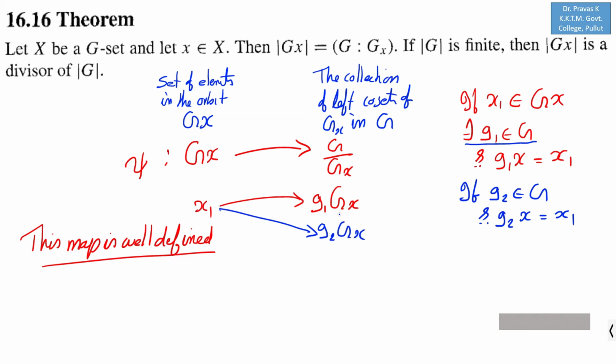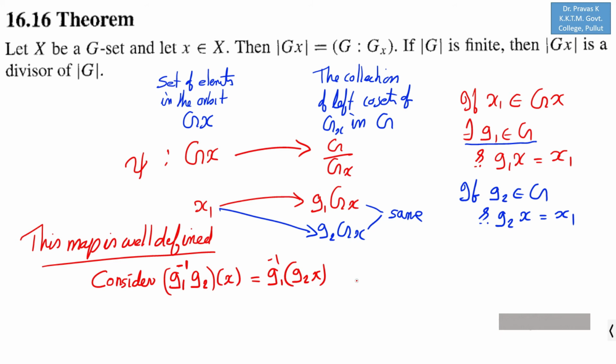So in order to have a well defined map, we need to prove that these two cosets are the same. For that, we start with the element g1 inverse g2. If it acts on x, we can see that it is the same as g1 inverse (g2 x), and that is the same as g1 inverse x1 since g2x is x1. Now this is the same as x.